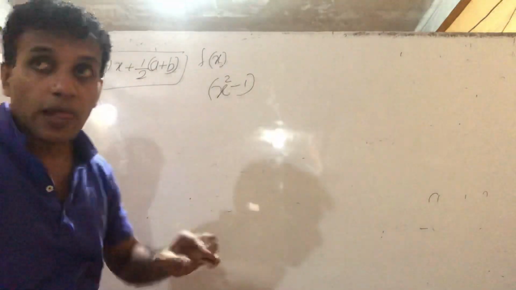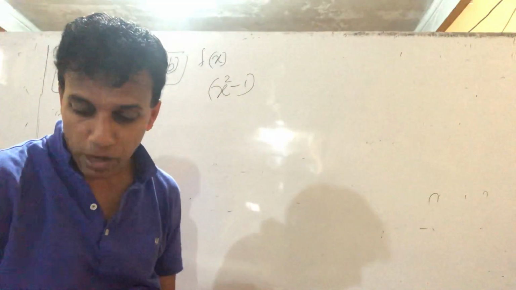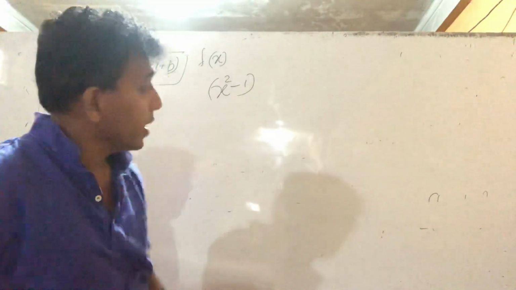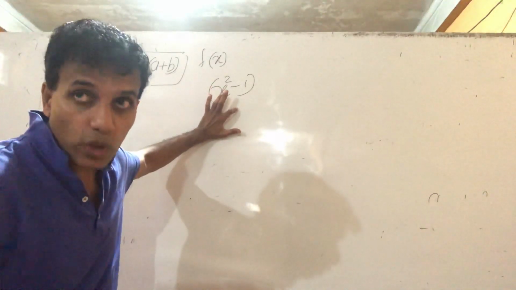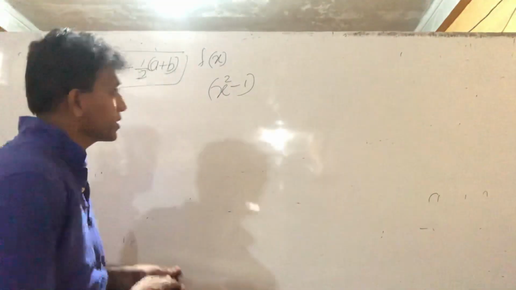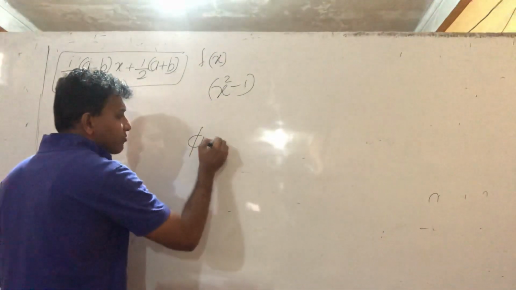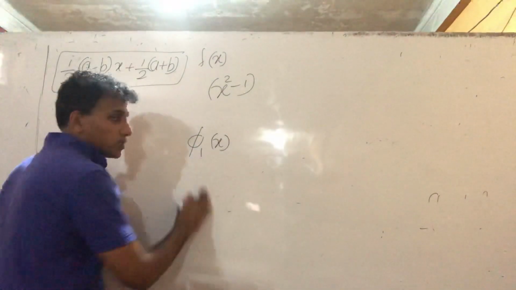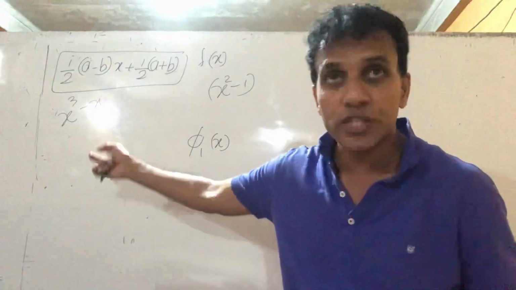So write this: when f(x) is divided by x squared minus 1, let the quotient be phi 1(x). I say phi 1 because in the second part we have a different solution.